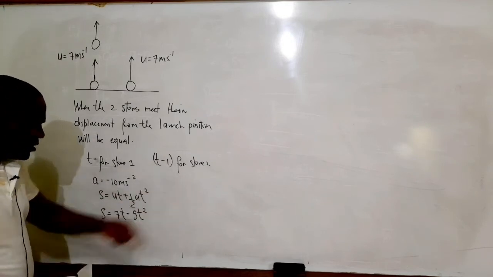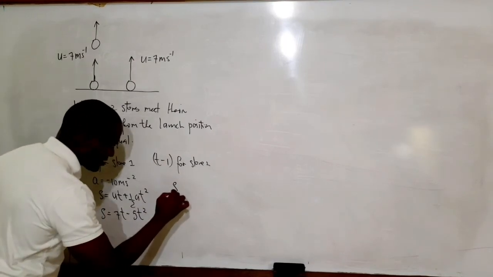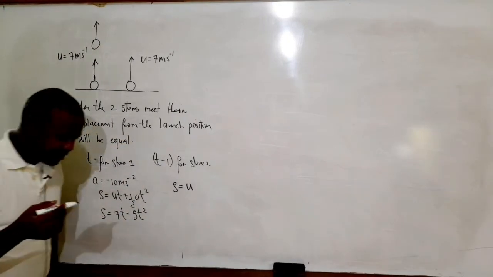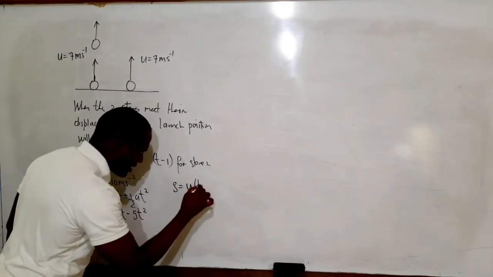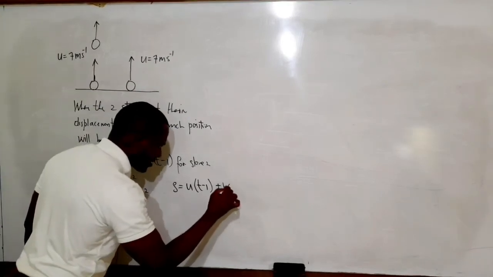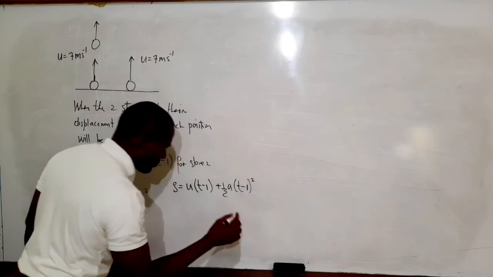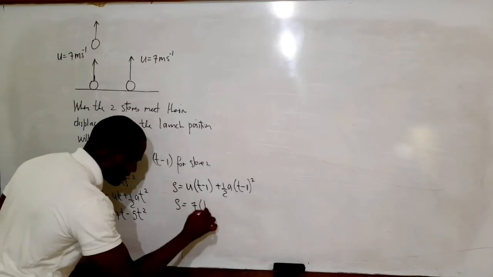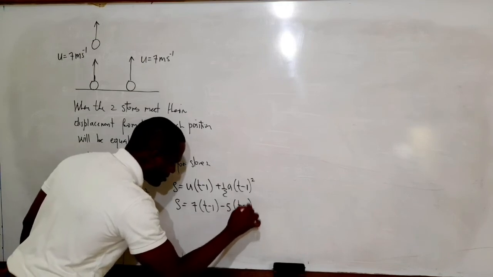Now for stone 2, it would have traveled the same displacement, however in this case the time is t minus 1 seconds. So s equals u times t minus 1 plus a half a times t minus 1 squared. Substituting, we have s equals 7 times t minus 1 minus 5 times t minus 1 squared.